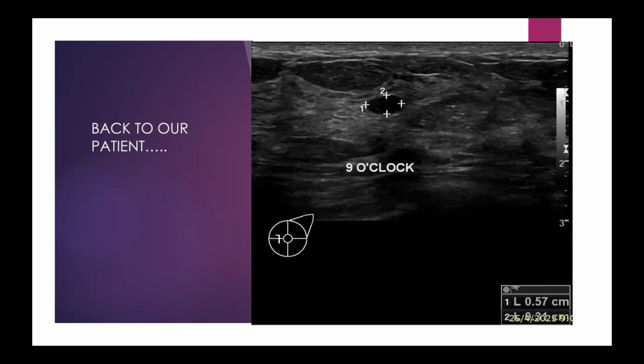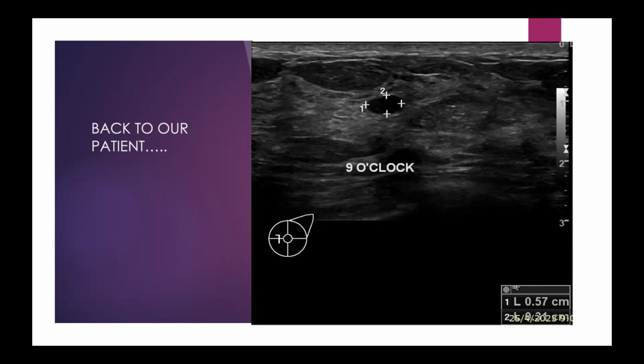No. So how are you sure that this is not something malignant? What is the percentage of malignancy in a BIRADS 3 lesion? It should be less than 2%. BIRADS 4?